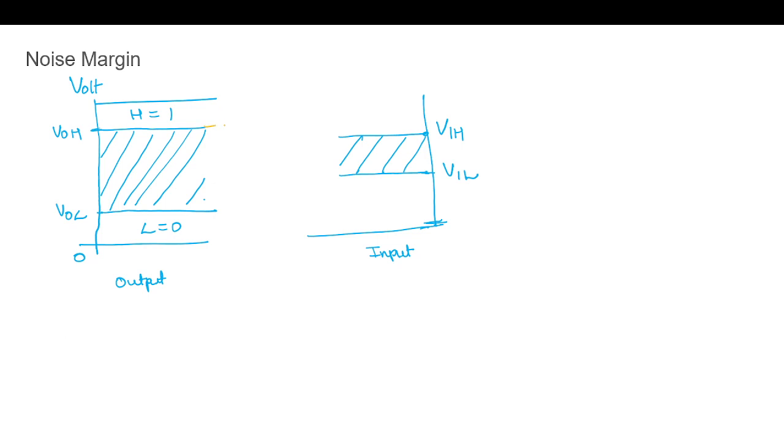We have noise margin high and noise margin low. This is called the noise margin high, and this difference is known as the noise margin low. How much high can an input be and still be detected as a low, and how much low can an input voltage be and still be detected as a high. So this much low you can go and still it will be logic high, and this much high you can go and still it is logic low.